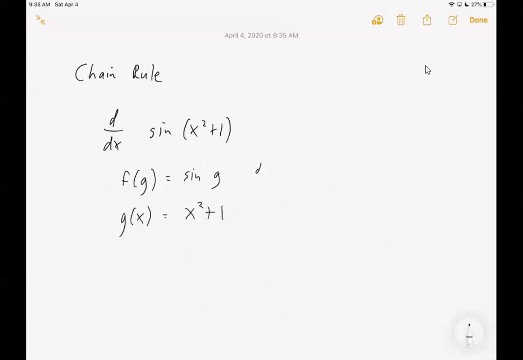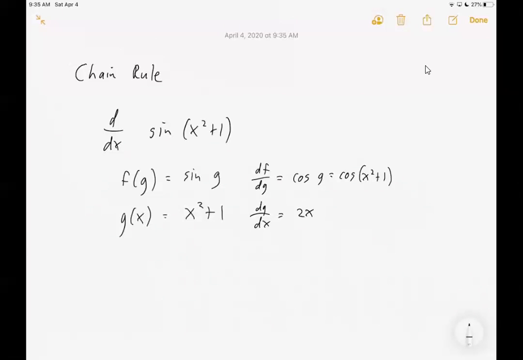And then the long way was to write df dg and dg dx. And df dg would be the cosine of g, and dg dx would be 2x. And we can rewrite the cosine of g as the cosine of x squared plus 1, since that's what g was.